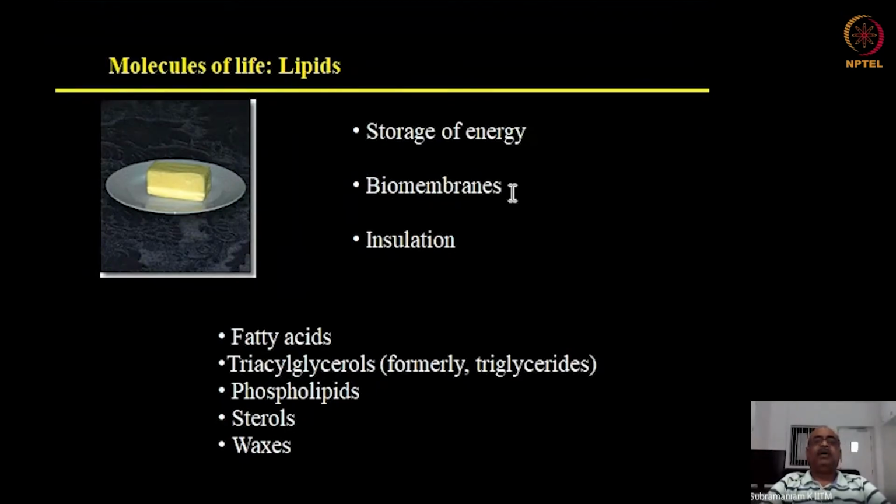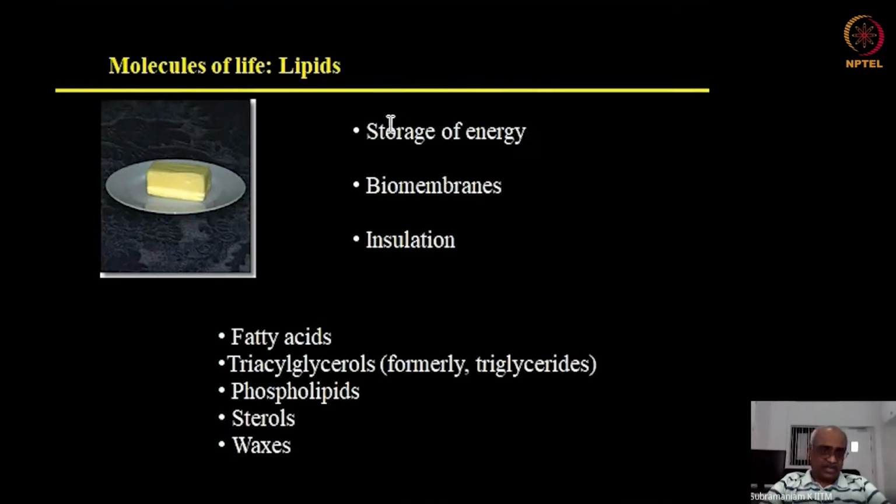And lipids present just below our skin, subcutaneous fat, insulate our body's internal organs from variations in the temperature in the outside environment. So they help in insulation.